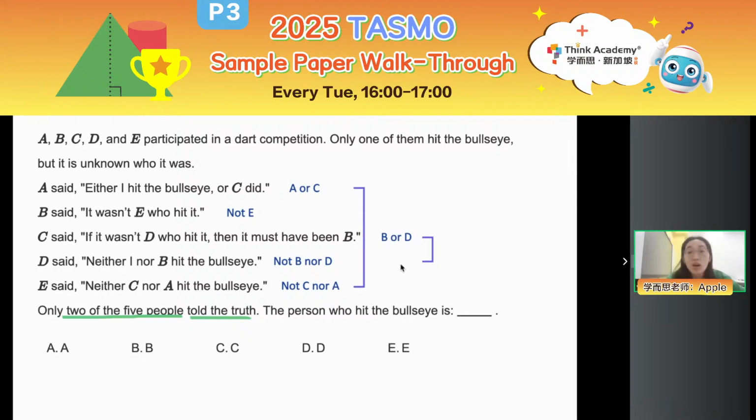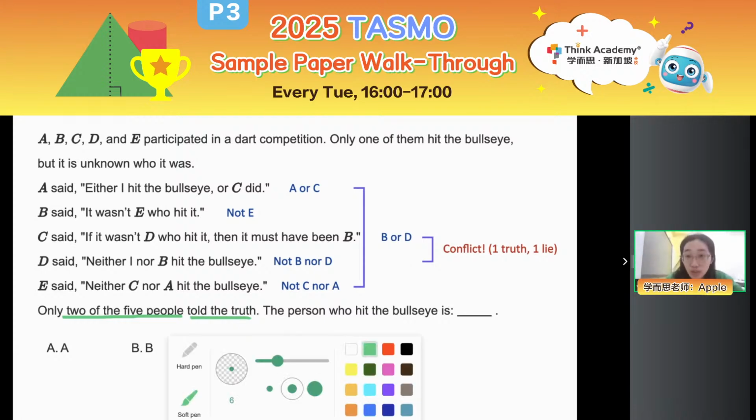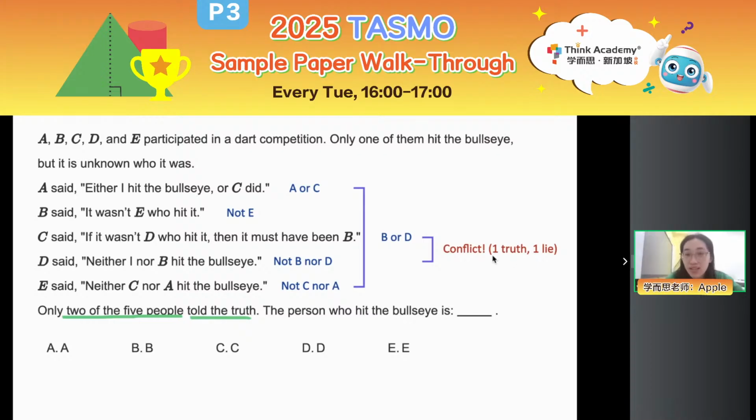Okay. So as long as you can find the conflict, which means there can only be one truth and one lie between the two people that have conflict. Well, now you see that there are two conflicts, which means there are two truths already. Okay, according to the question, only two truths.